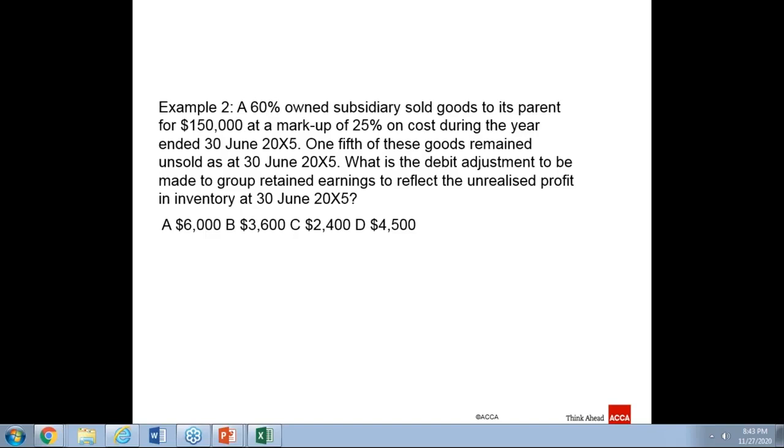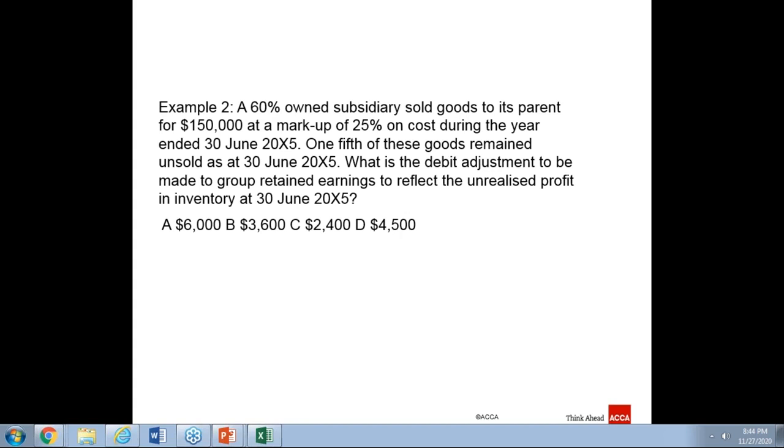60% of the subsidiary, which sold goods to the parent for 150,000, a markup of 25% on cost. During the year, one-fifth of these remained unsold. So 150 divided by 125 multiplied by 25, 30 is the amount of the profit.